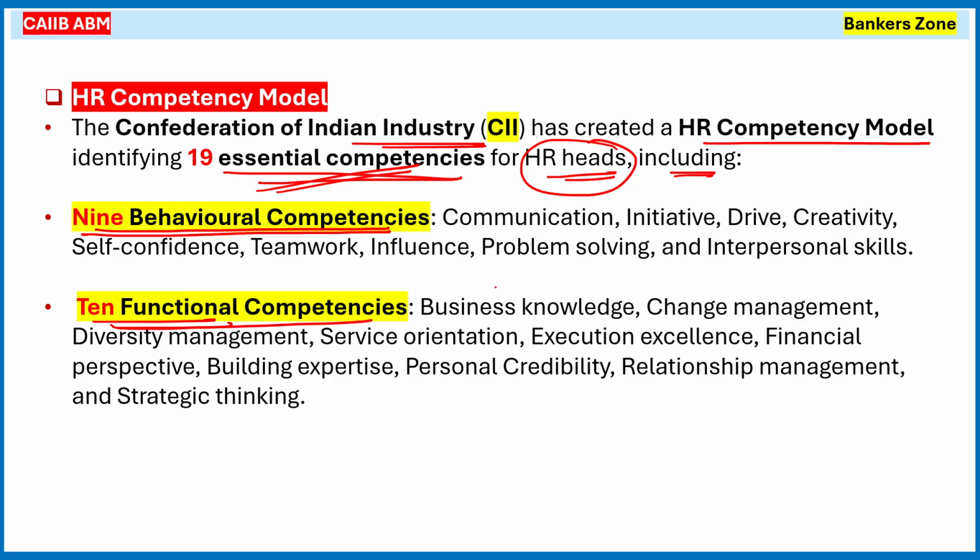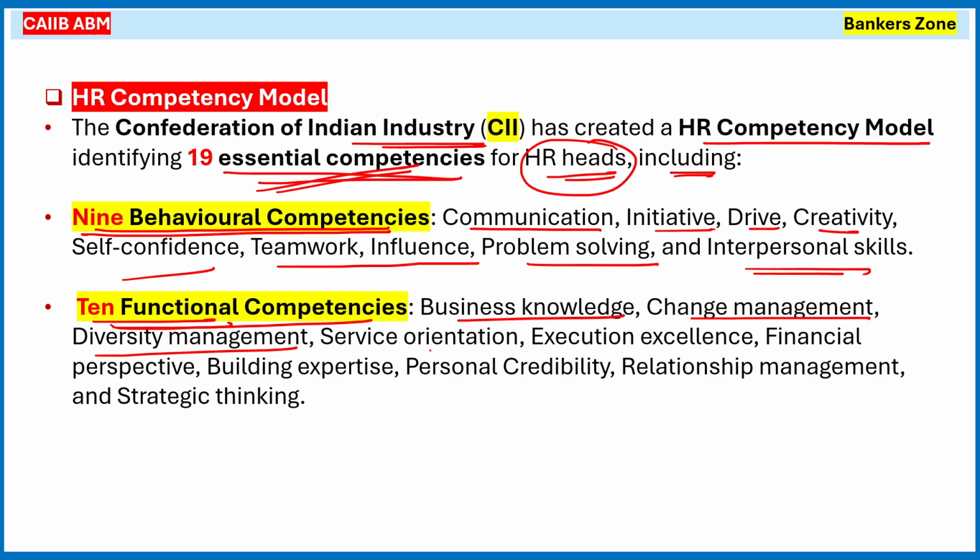Behavioral competencies include communication, initiative, drive, creativity, self-confidence, teamwork, influence, problem solving, and interpersonal skill. Apart from that, the 10 functional competencies are business knowledge, change management, diversity management, service orientation, execution of excellence, financial perspective, building expertise, personal credibility, relationship management, and strategic thinking.